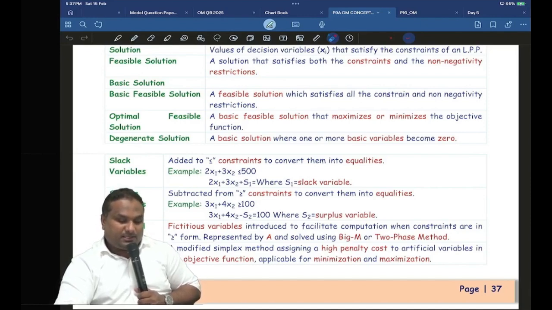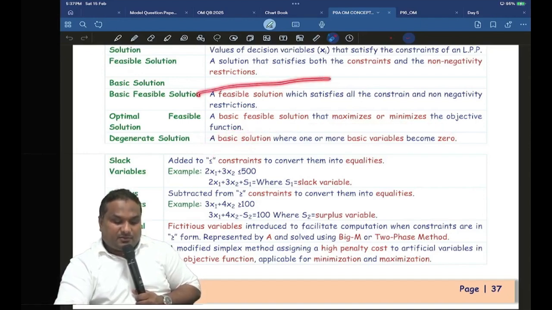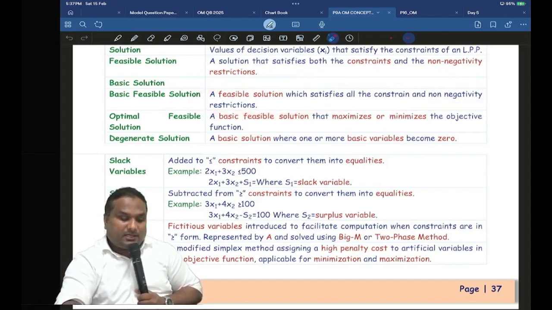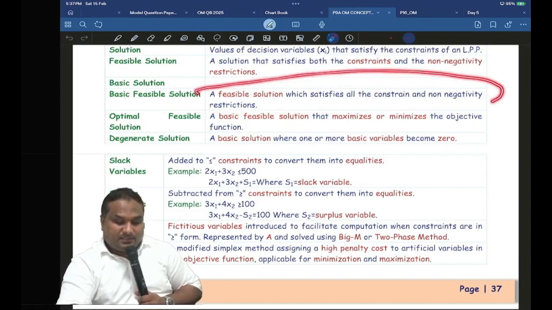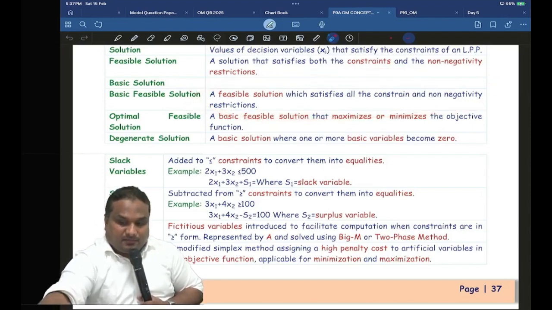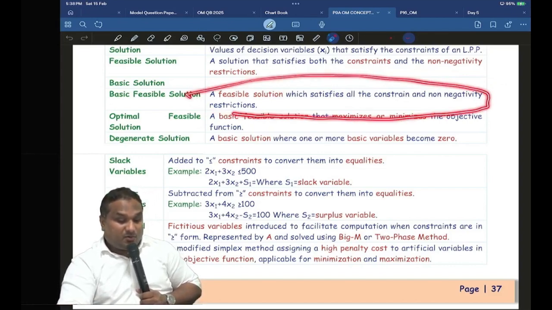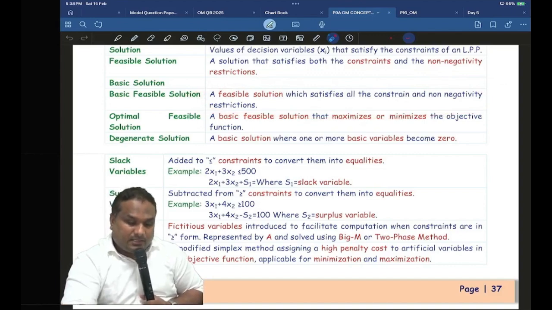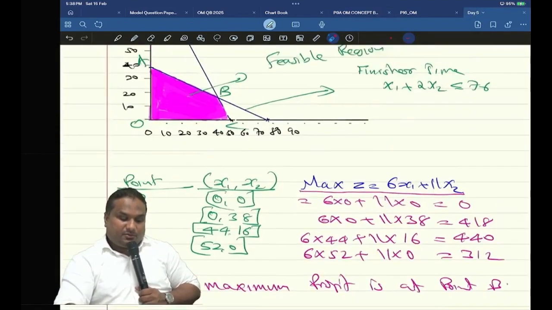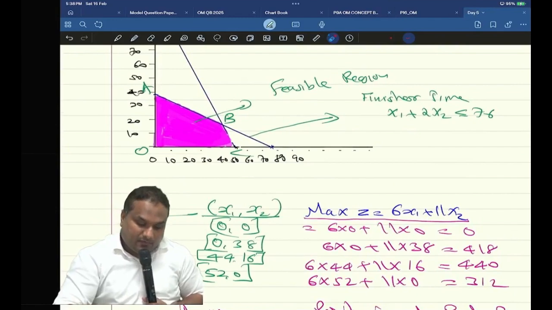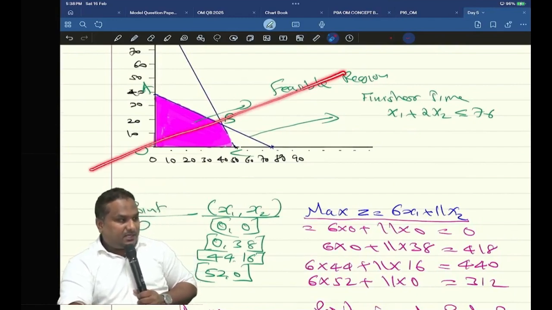Now, another terminology: what is a degenerate solution? Before degeneracy, a feasible solution which satisfies all the constraints and the non-negativity restriction is called a basic feasible solution. Suppose we have a graph like x1 minus x2 greater than or equal to 0.